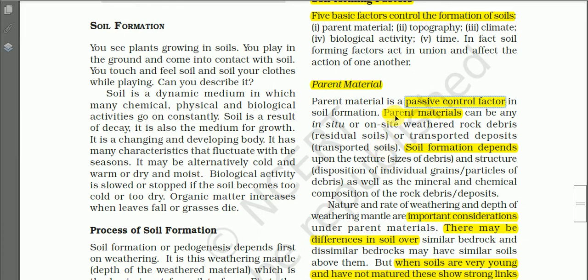These parent materials can be in situ, or on-site weathered rock debris, or residual soils, or transported deposits, or transported soil. So parent material means any in situ, that is, found in a place, weathered material, weathered rock debris, or it may be a transported one also.